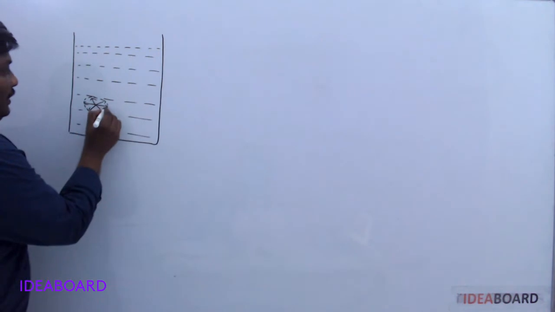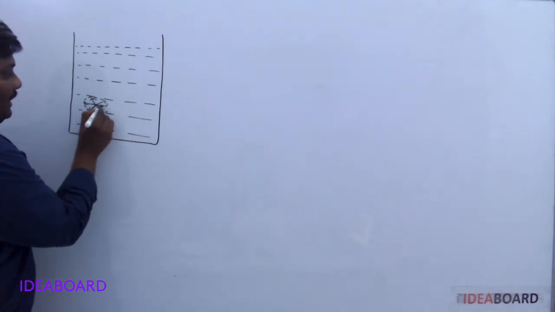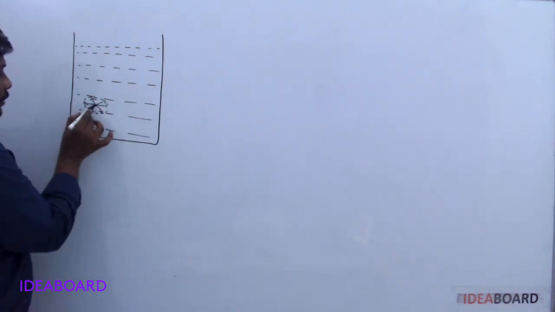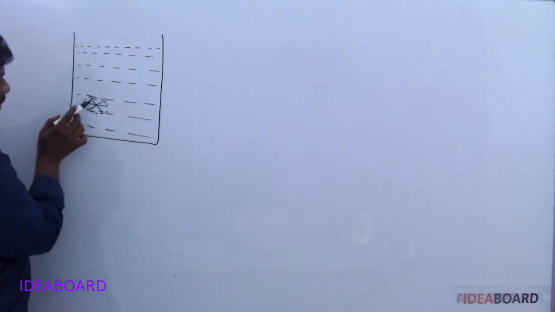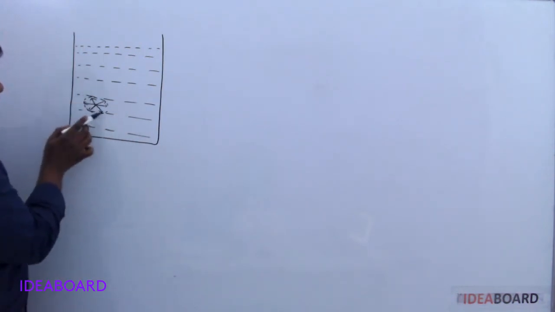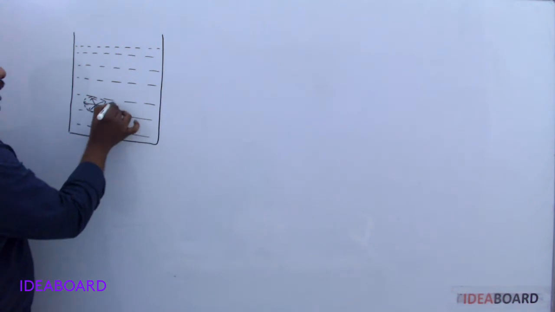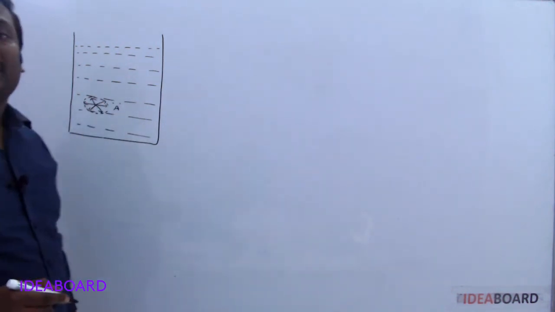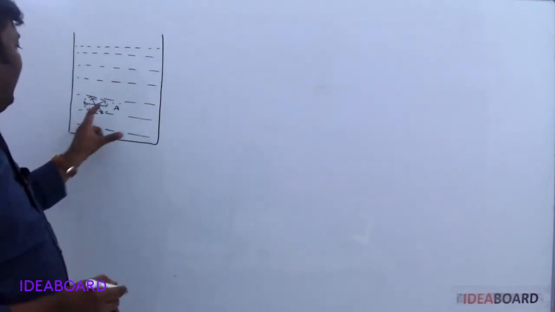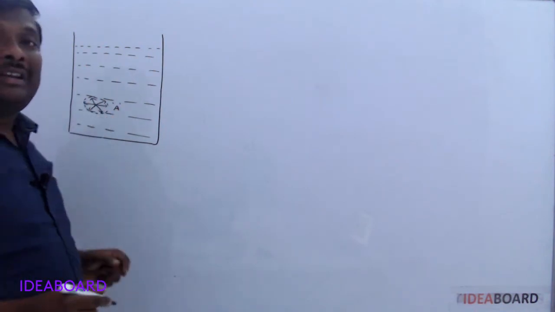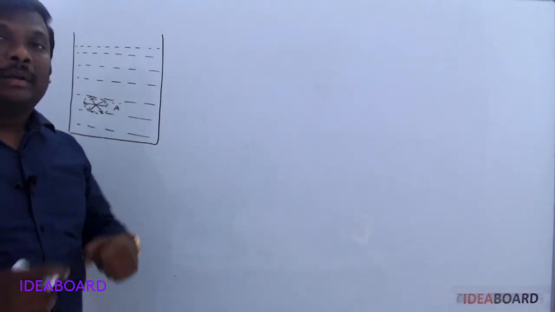If one molecule attracts in this direction, another attracts in the opposite direction, so the net force along this direction is 0. Similarly, the net force acting along this direction is also 0. That means on A, the net force is 0 because each and every molecule attracts this molecule with the same force.